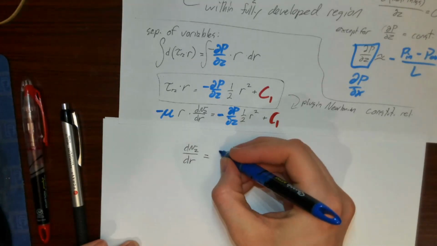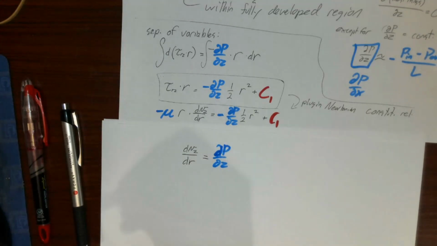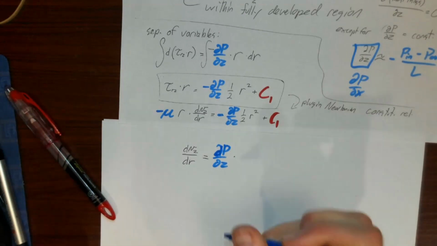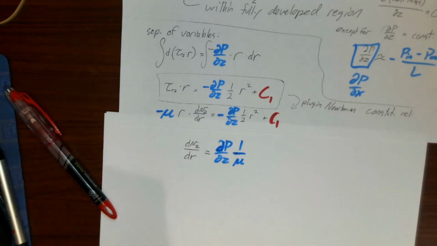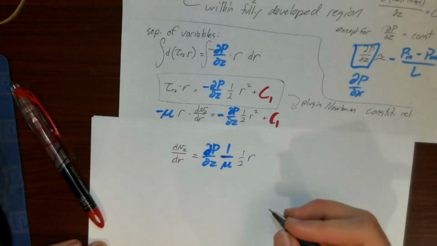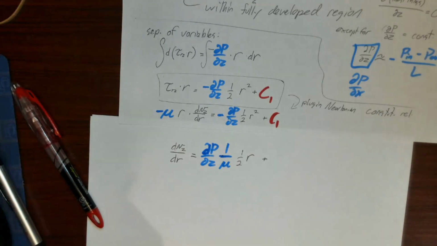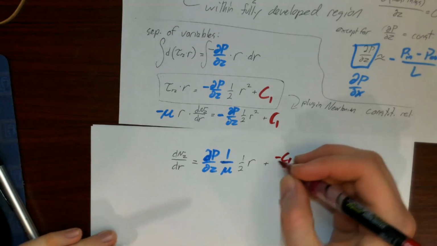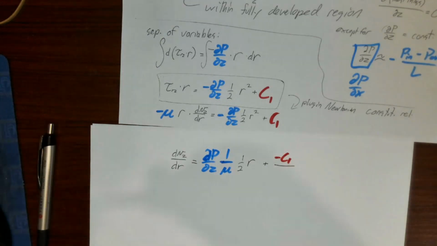dp dz times 1 over mu times 1/2 r plus, it would be a minus C1 over mu r.